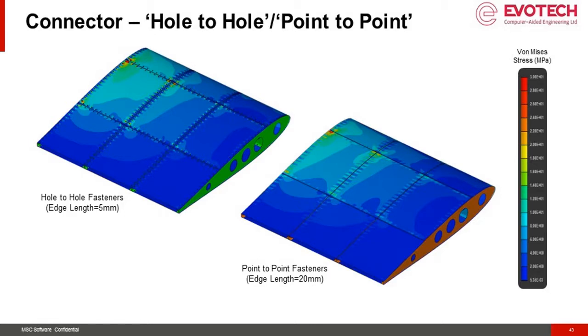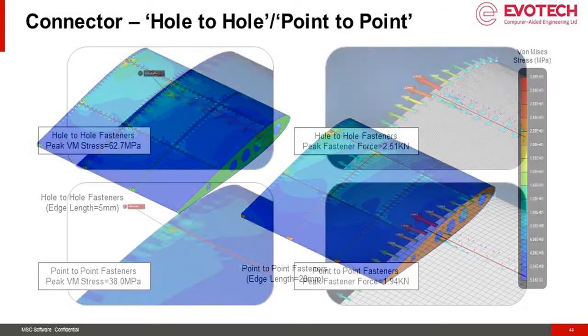Looking at the von Mises stress, just as an overall guide in terms of what's going on, you can see that there is some subtle change, certainly in terms of the inboard end where we've got the peak value shown in red. The way that the stress flux flows away from that region is subtly different.